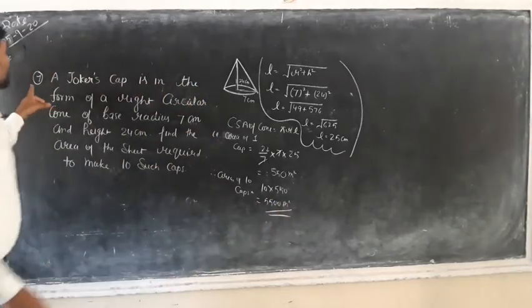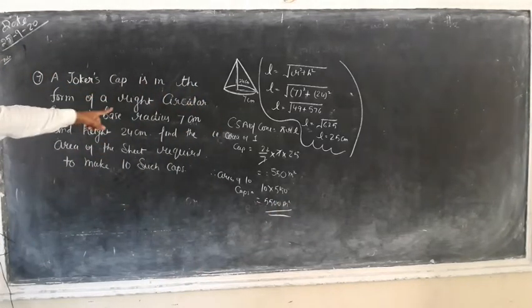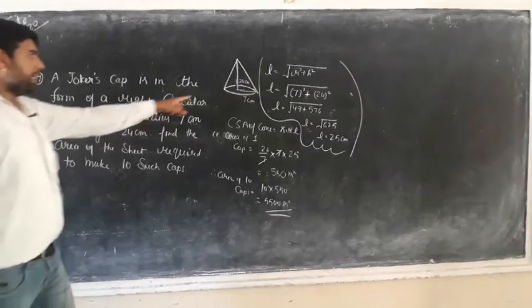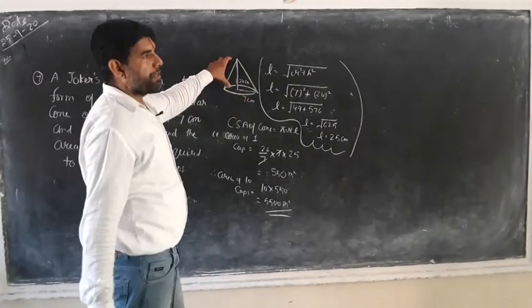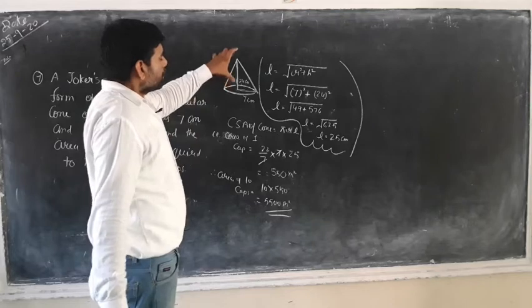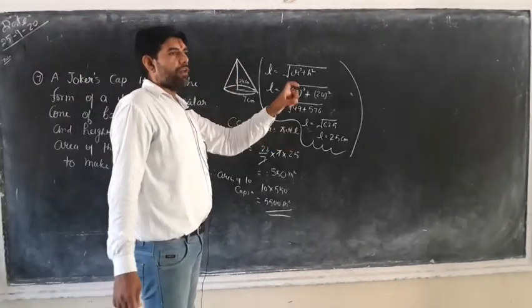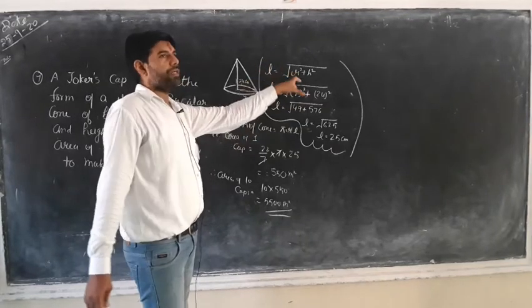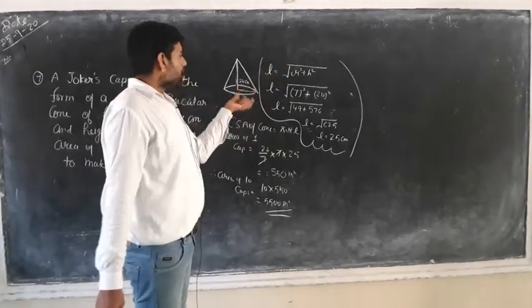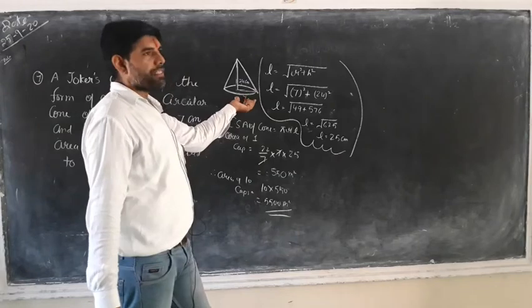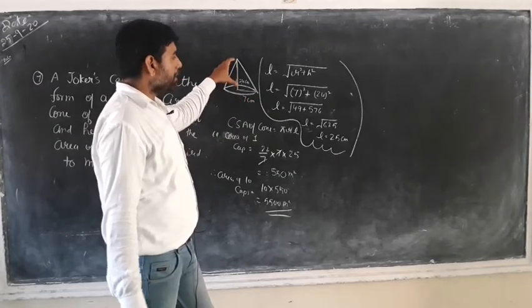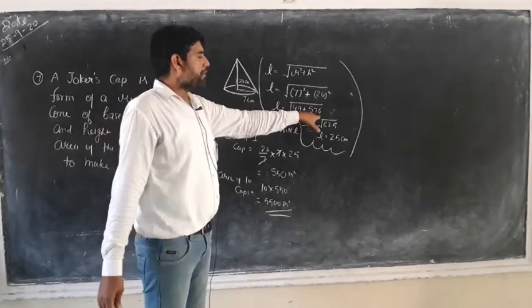Let's look back. A joker's cap is in the form of a right circular cone of base radius 7 cm and height 24 cm. The curved surface area of cone is pi r l. First we find the value of slant height. l is equal to under root r square plus h square, which is 49 plus 576.